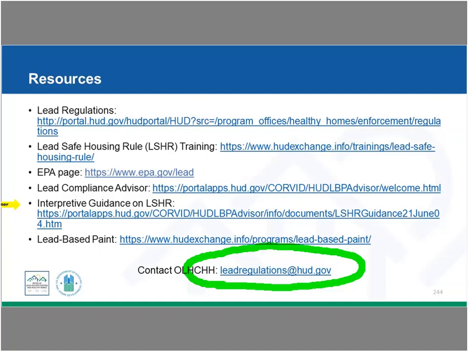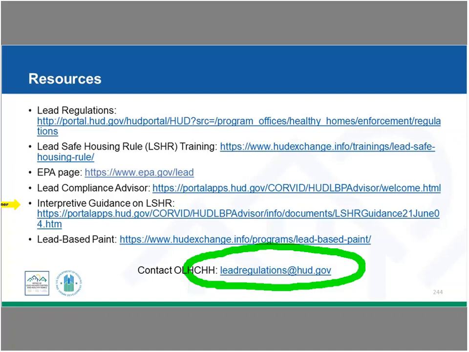The reminder is that the standard is a visual assessment and then treating all unstable painted surfaces. You would not be required to have a risk assessor test paint either with an XRF or by sending it off to a lab.